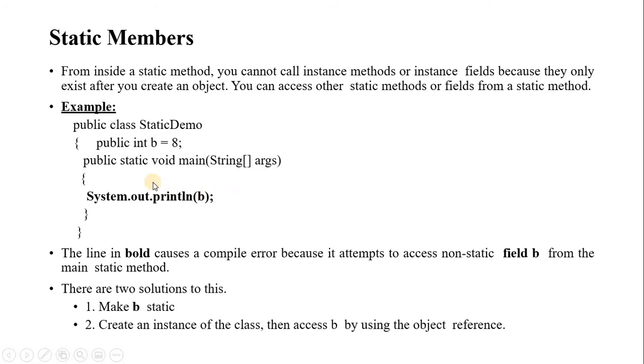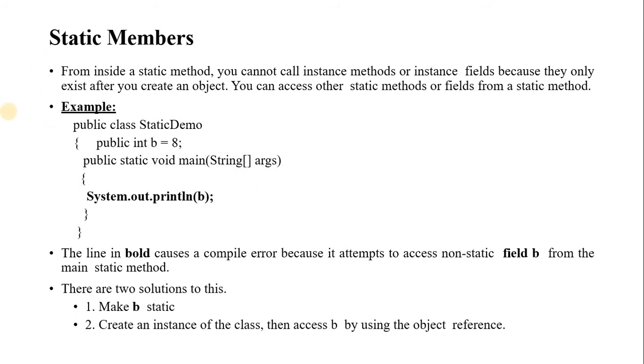We have a variable here in the static demo, a public integer variable, integer b equal to 8. This is a public variable b. Now, if you try to call this variable inside a static method, for example, public static void main, which is a static method, that b is a non-static variable.